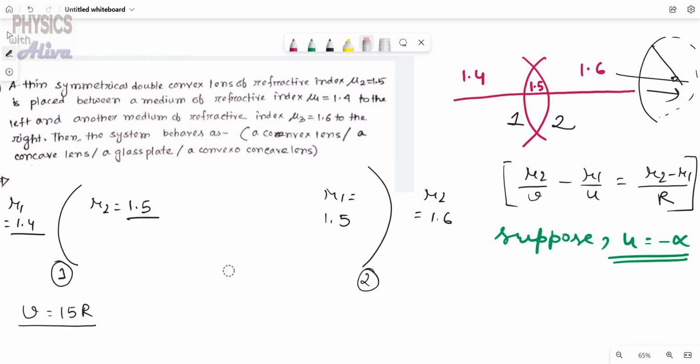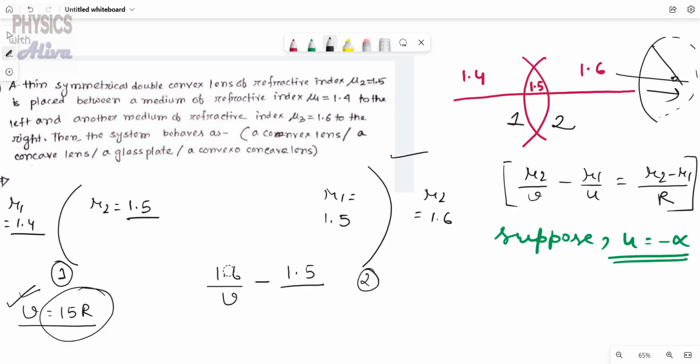After the first refraction, the image is formed at a distance 15r. The image of the first surface will be the object of the second surface for the combination. So this is the object distance for the second surface. We write: mu2 for the second surface is 1.6 divided by v, minus mu1, which is 1.5, divided by u.